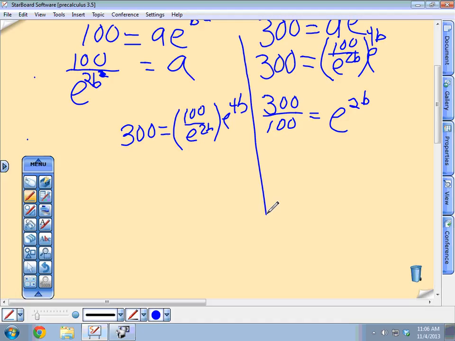So you can put e to the 4b over e to the 2b, and in that case you subtract the exponents to get e to the 2b. Yes, that's what I was trying to say. That clarified it a little bit.